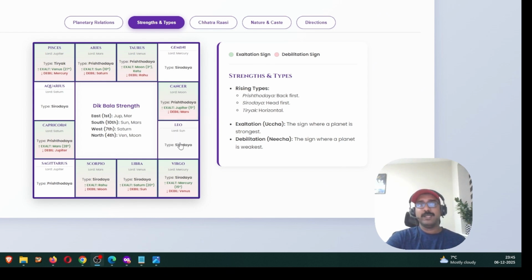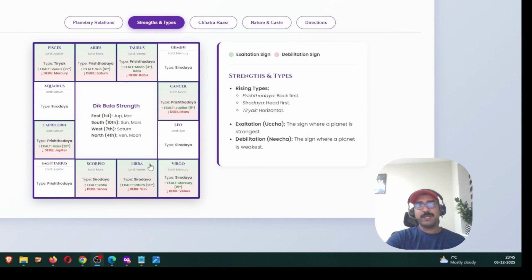Rashi. And Leo is a head first Rashi, and the Lord is Sun, and it's considered as a better placement for ascendant. And for Virgo, that's a Shirodaya, that's a head first, which is a positive thing, and it's an exaltation sign for Mercury, and Venus is debilitated here.